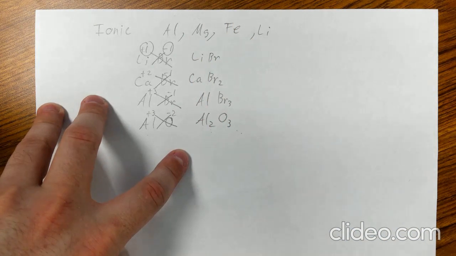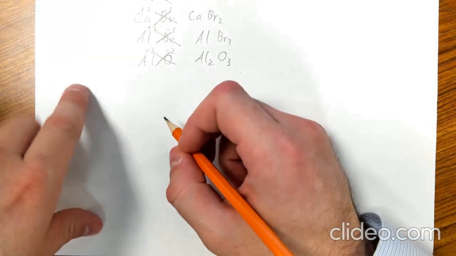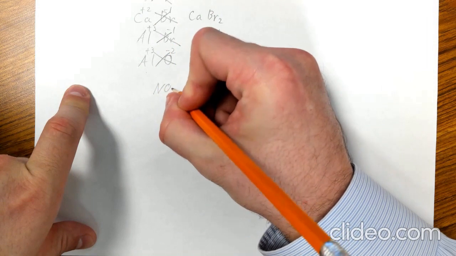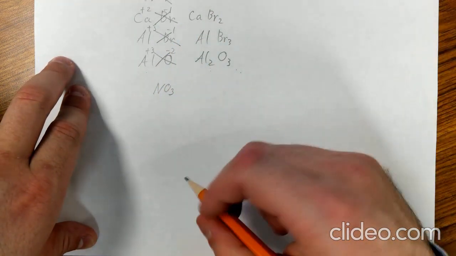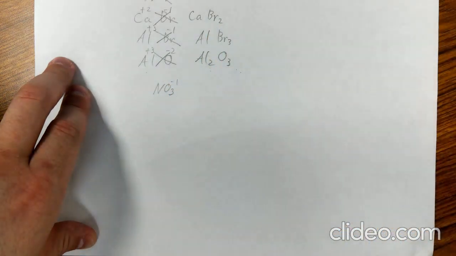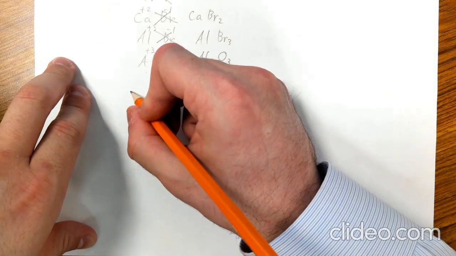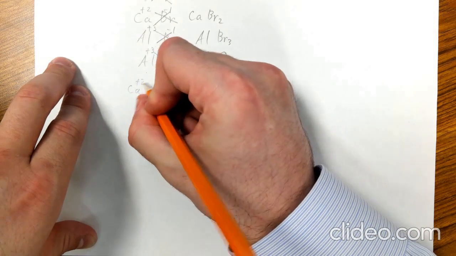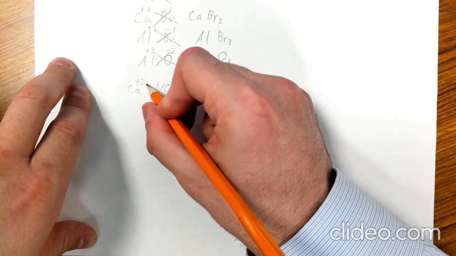But ionic compounds can also come with polyatomic ions. So for example, nitrate. Now this is something that you don't have to memorize, it'll be on the list for you, or we'll give it to you. But nitrate is an ion with a -1 charge. So if I were to combine it with something like, let's say, calcium, that has a positive 2 charge, I'm still just going to do my crisscross method.